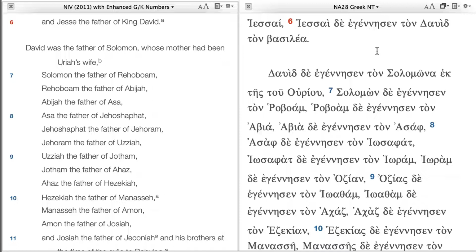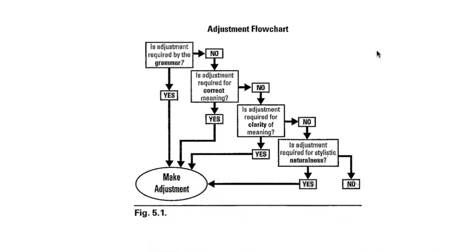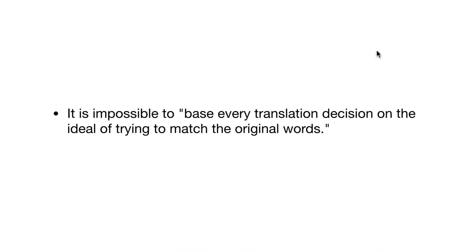It makes Bathsheba sound like she was a widow who David married. I guess technically she was, even though she was a widow because David murdered her husband. So that's the example he gives. I think it's kind of an unfortunate one. But he argues ultimately that we cannot base every translation decision on the ideal of trying to match original words, because the ideal is not the world we work in.